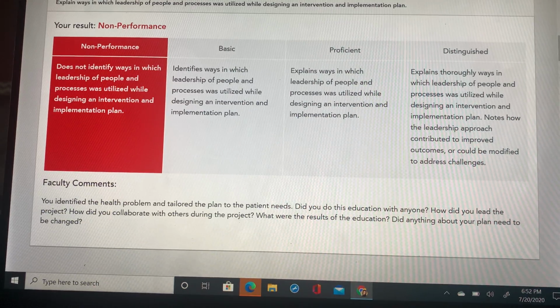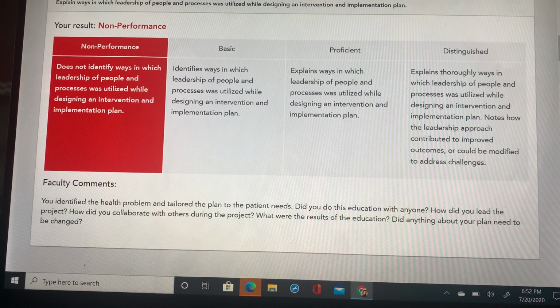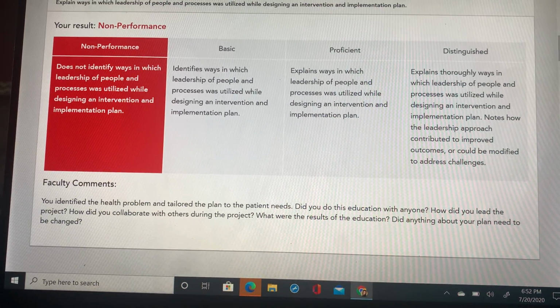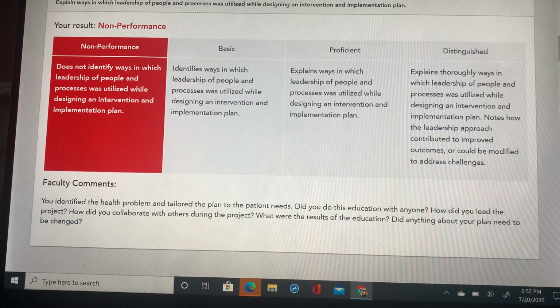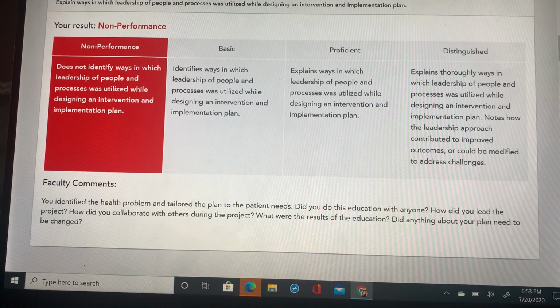So you identified the health problem and tailored the plan to the patient's need. Did you do this education with anyone? How did you lead the project? How did you collaborate with others during the project? What were the results of the education? Did anything about your plan need to be changed?